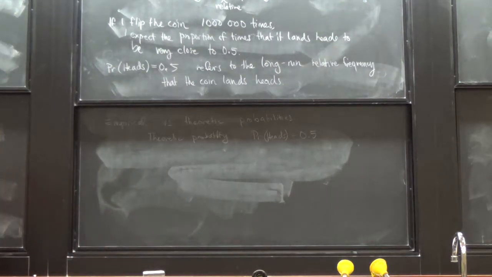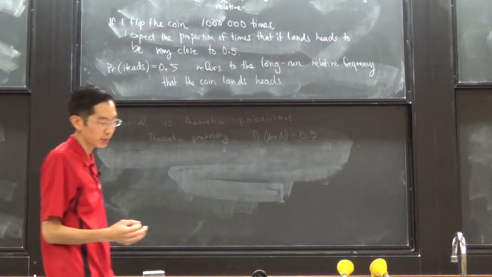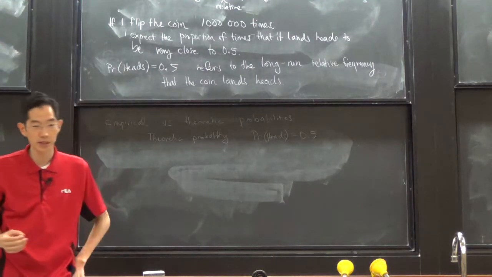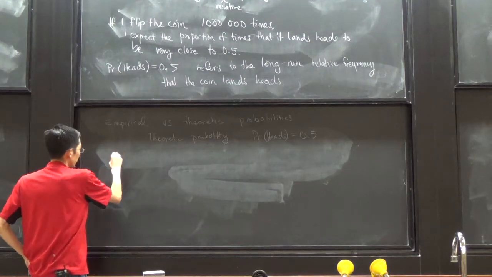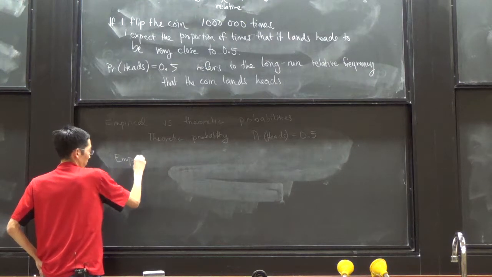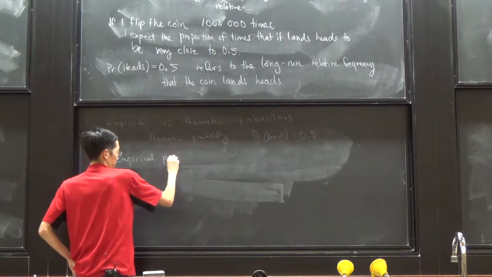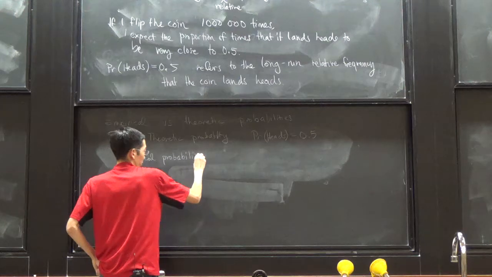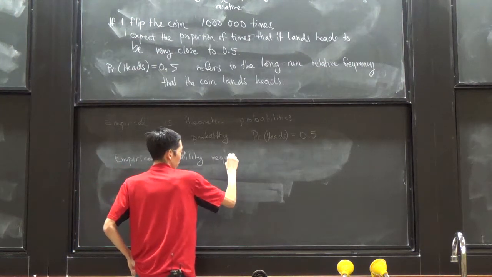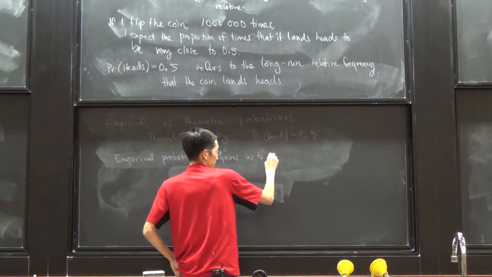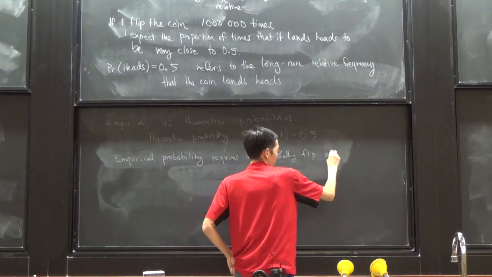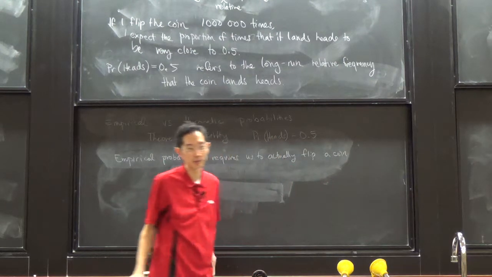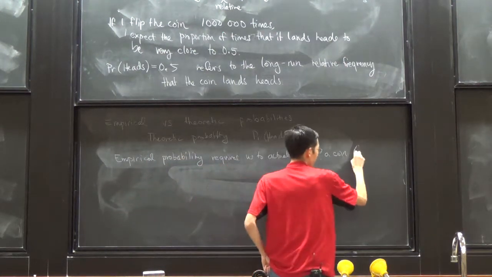The empirical probability would be the probability that we observe based on evidence. So to get an empirical probability requires us to actually flip a coin many times.